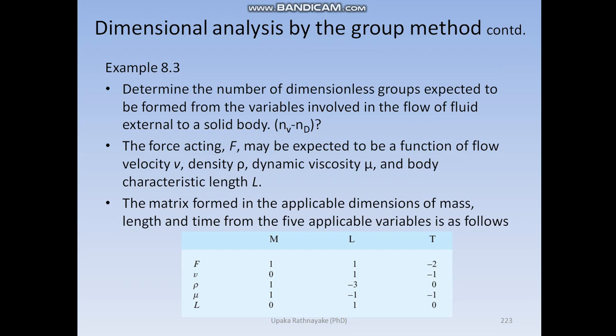Therefore, our equation is pi 1 is a function of pi 2, pi 3, up to pi n. Now this n can be found from nv minus nd. Pi 1 usually incorporates the dependent variable and uses other independent variables to make pi 1 dimensionless.